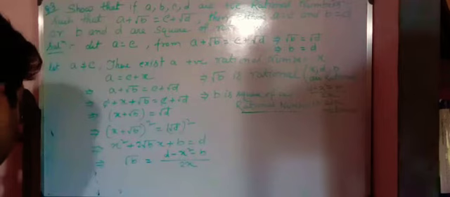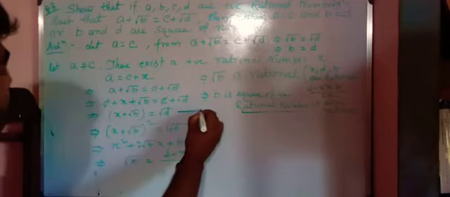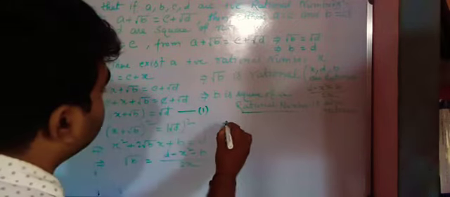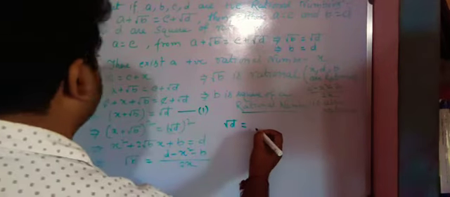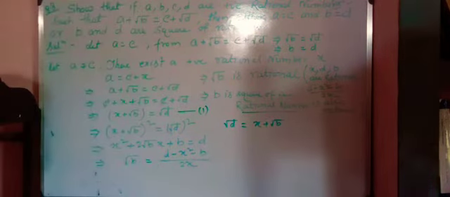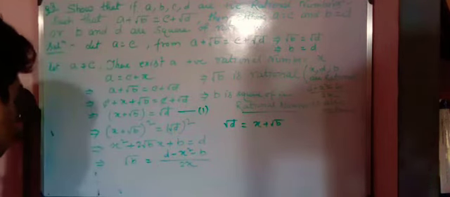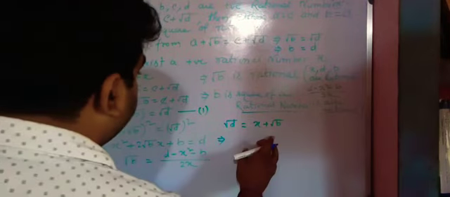Now since b is a square of a rational number, from here, if you name it 1, root d is equal to what? x plus root b. Okay, that means root d is rational. D is a square of a rational number.